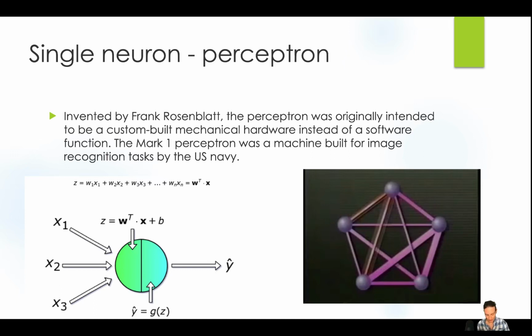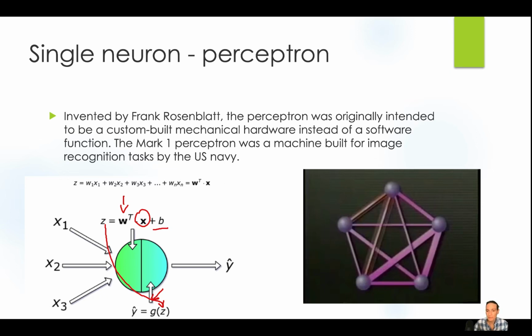When we calculate the input value of the node, we have a linear combination of all the x's with a vector of all the weights, plus a bias term. Okay, the bias term just shifts the result. Then we calculate an activation function of z to calculate the final output y hat, the predicted y. Okay.